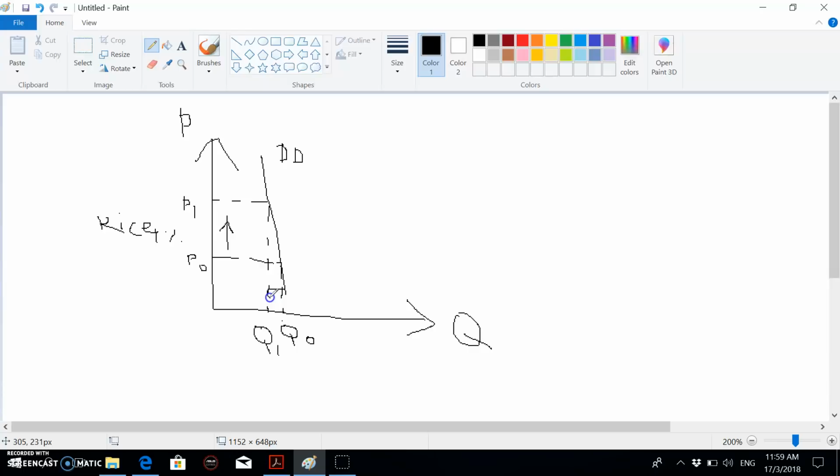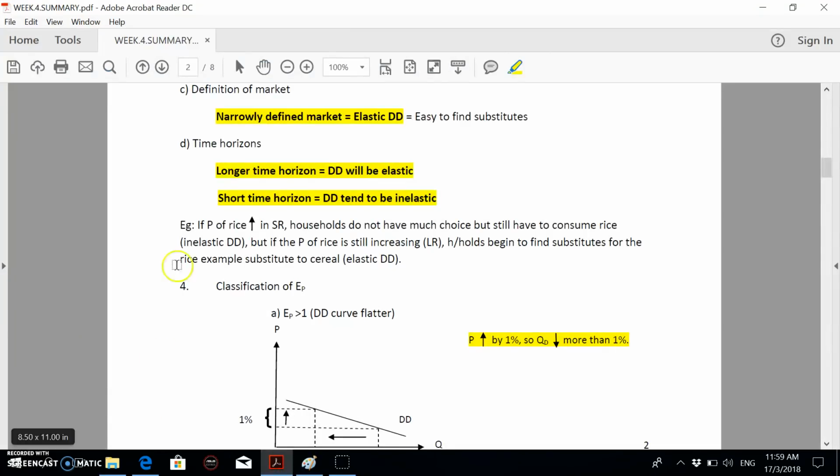However, the quantity demanded decreases by less than the 1% increase in price. I repeat, this is inelastic, and we're talking about time horizon. Why time horizon? The shorter the time horizon, the less you can do. The longer the time horizon, the more you can find substitutes for the goods that you are really interested in buying.